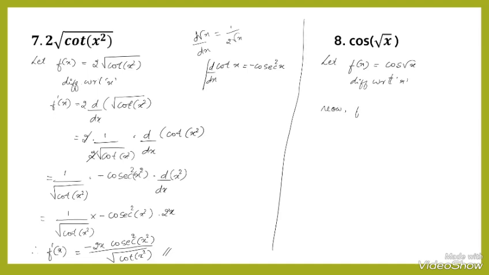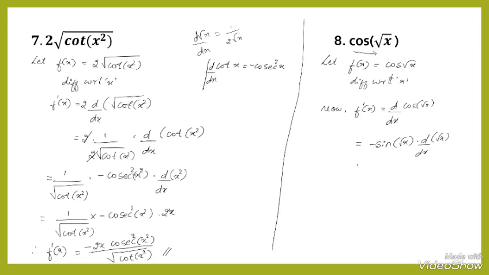f dash of x is equal to, first, differentiation of cos of root x. What is the differentiation of cos function? That is minus sine of, here in place of x we have root x. That's why I am taking d by dx of root x.